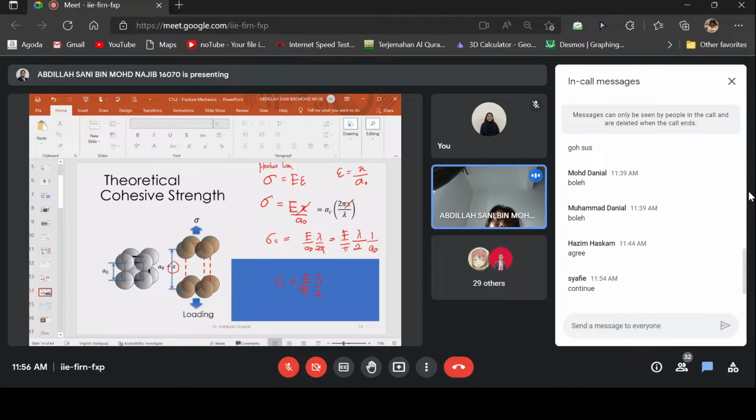A naught n times a naught, so we can strike this off, and it becomes E over pi.